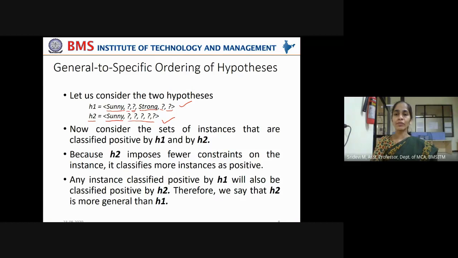Now consider the set of instances that are classified positive by H1 and H2. Wherever the sky is sunny and the wind speed is strong with any other combination of values, H1 will predict that your friend will enjoy the sport. And in hypothesis 2, if the sky is sunny with any other combination of attributes, your friend will enjoy the sport. That is what is said by hypothesis 2.